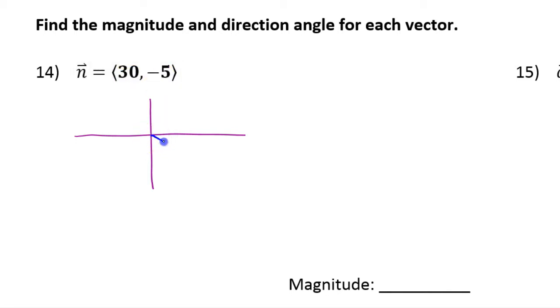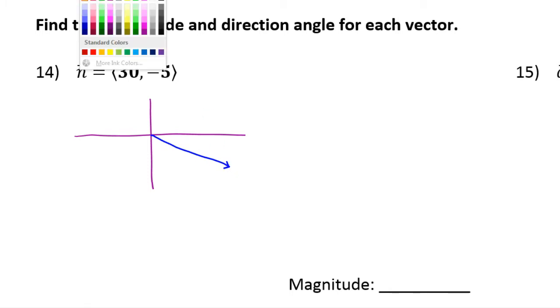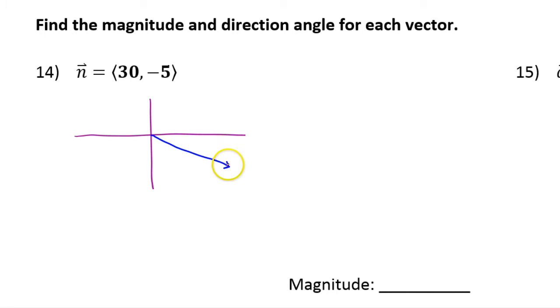That will put it into the fourth quadrant. So I'll just go ahead and draw it like this. And I'll go ahead and show the triangle that is made looking at the magnitude and the components. So this was right 30 and down 5.